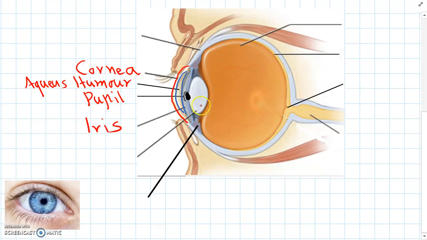Then behind the iris and the pupil, we've got this curved structure here, and that's called the lens. And we can see that it's shaped just like a lens that we've learnt about earlier, so its job is to bend the light. And we can see the lens in the eye is a convex lens.